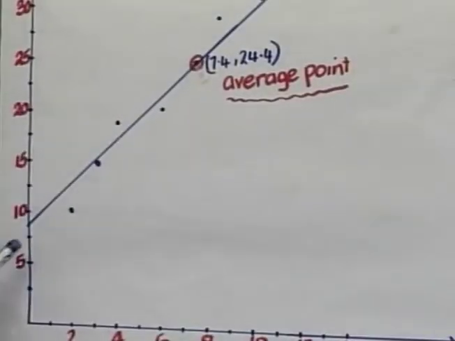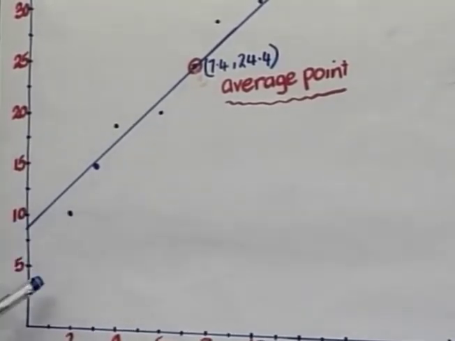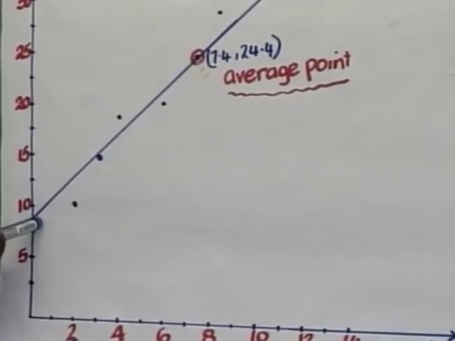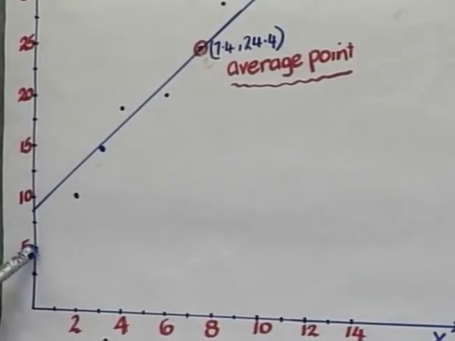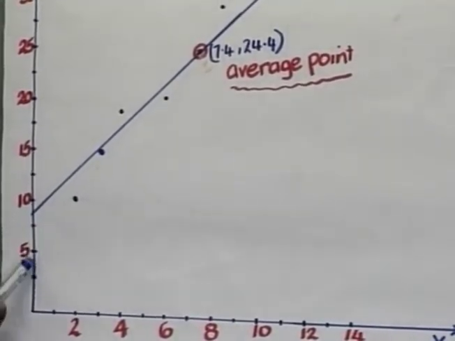Okay, in this case, you tell me, how can I calculate the gradient of this line? Can I be sure what the y-intercept is? Because of the grid that I have, I cannot use the y-intercept, if I can, I'm able to. Let's see, this is 5, this is 7.5, because I've got two intervals.